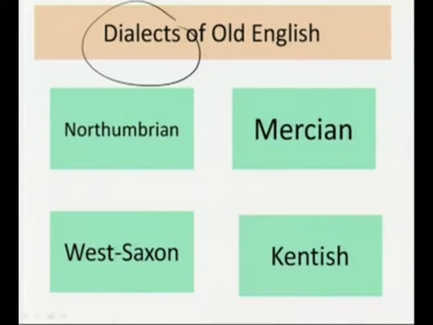Nevertheless, this is how we look at it from the conventional point of view, and in this lecture and the other lectures in this module, finally down to modern English, I am going by the conventional way in which this has been accepted, and I am not really getting into the politics of the history of the English language.